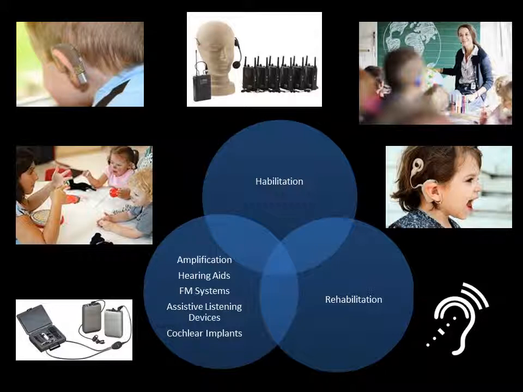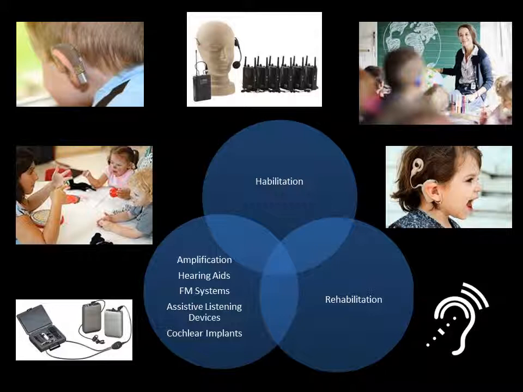So the patient and audiologist work closely together to determine what's best. Analog hearing aids aren't really manufactured anymore, so digital hearing aids are primarily what's discussed in your textbook.